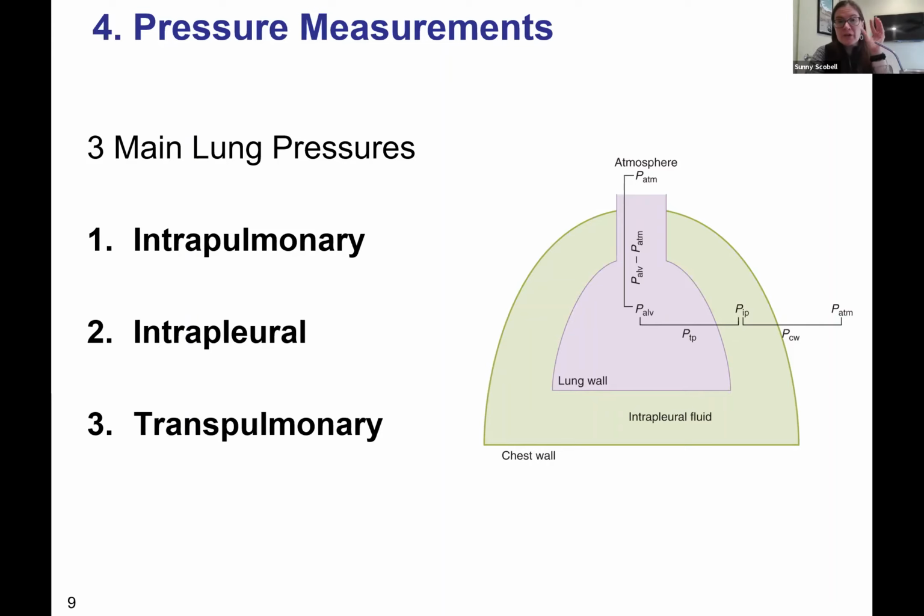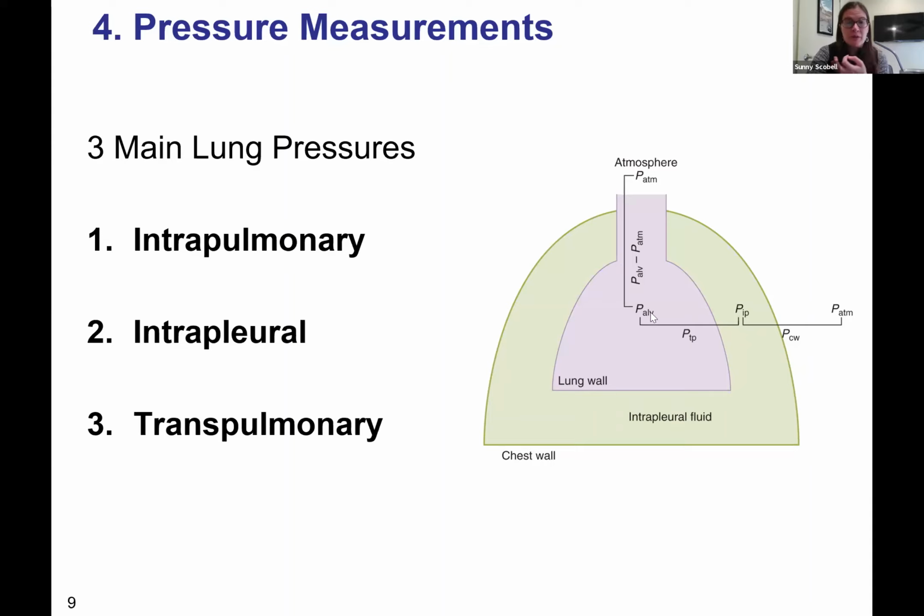So the alveoli are those little sac-like, grape-like structures that have that maximum amount of surface area for the gas exchange. And we are going to sum them entirely. All of the pressures across all of the alveoli is going to be the intrapulmonary pressure, the pressure inside the lung.